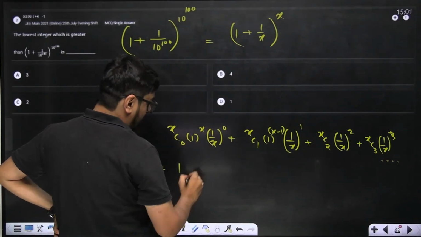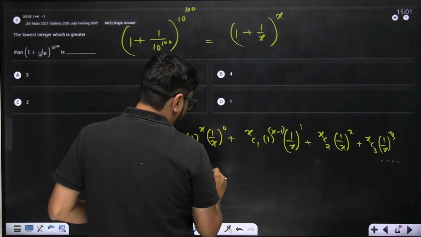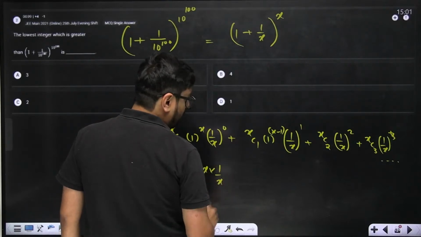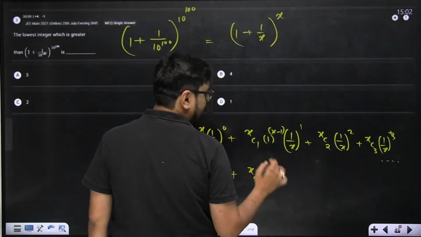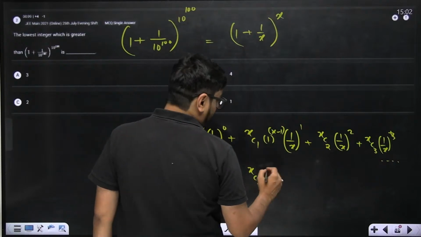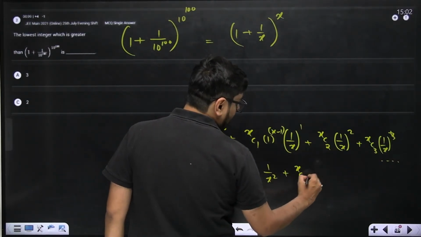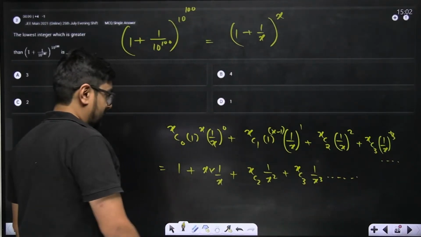So 1 plus xC1 is x, and this is 1/x. So this is also 1, plus xC2 something, 1/x squared, plus xC3, 1/x cube, and this is going to go like this.